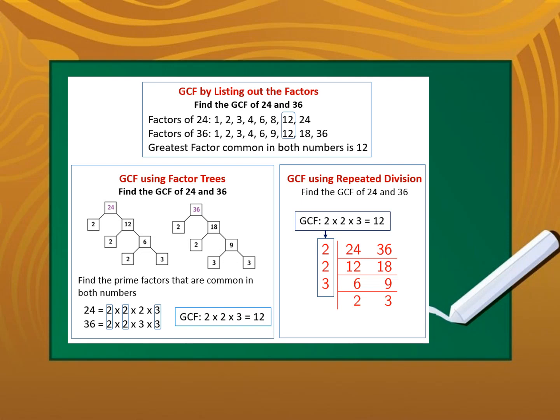Second, using factor trees. Third, using repeated division, or what we call the continuous division method, or in other terms, the ladder method. We will be focusing on how to get the GCF using the continuous division method.